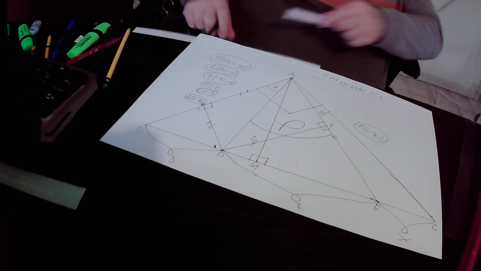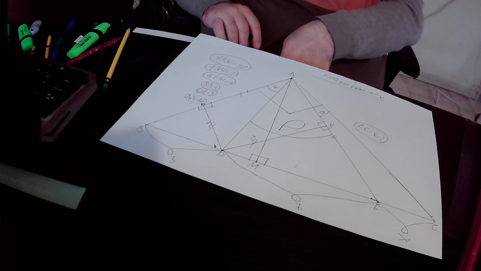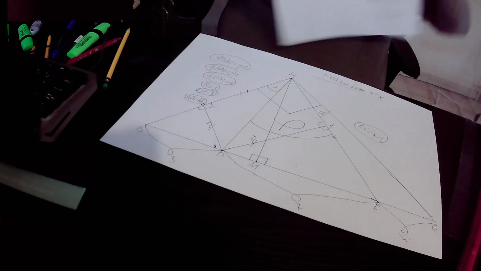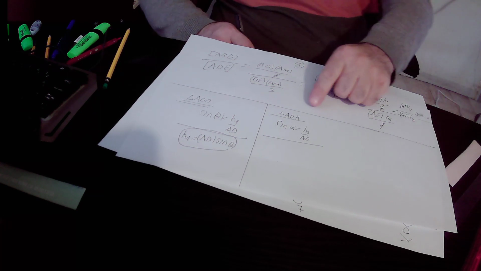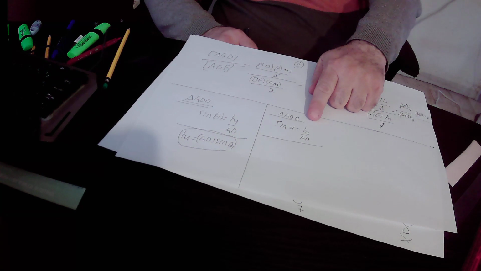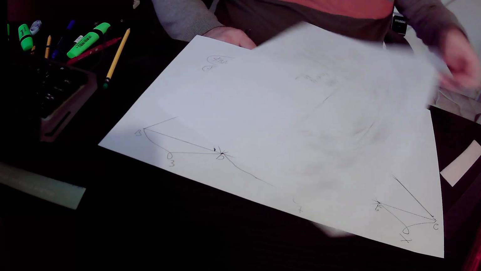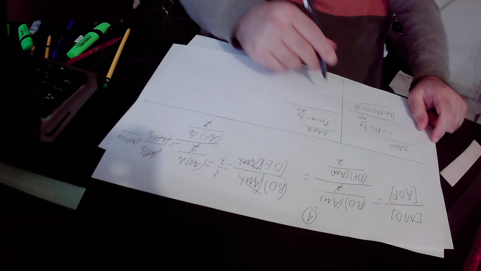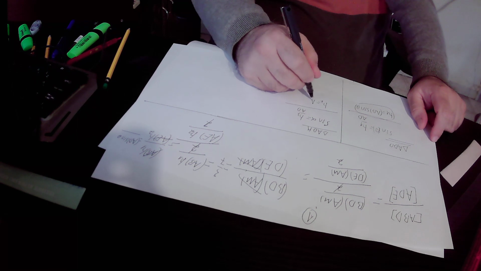Here we will multiply the equation by AD. I repeat again, in the right triangle ADK, sine alpha equals H2 over AD. We will multiply this equation by AD, and we will get that H2 is equal to AD times sine alpha.